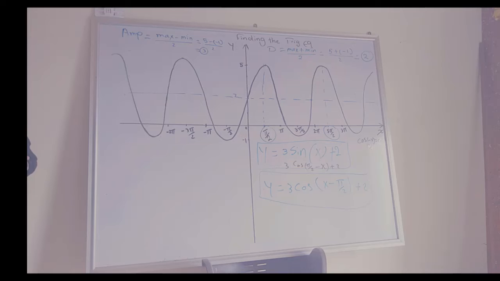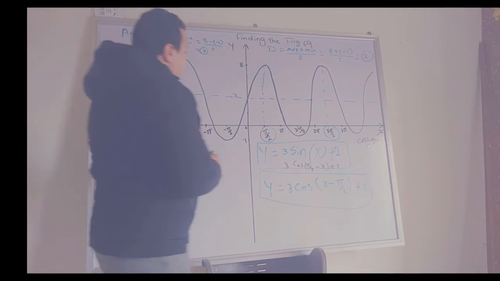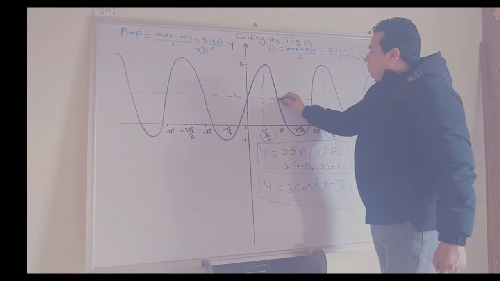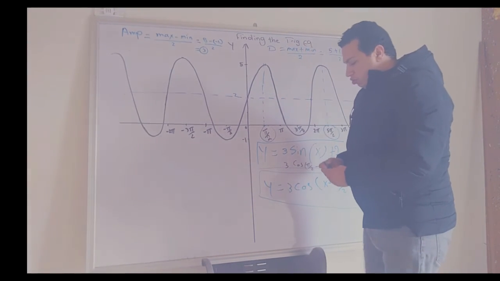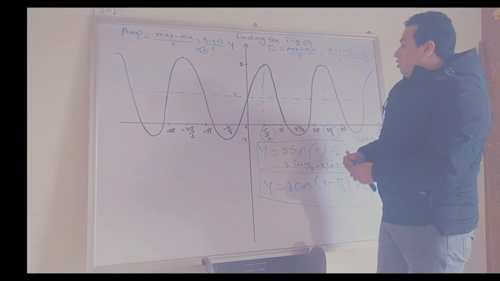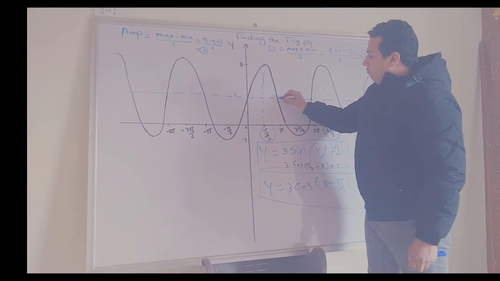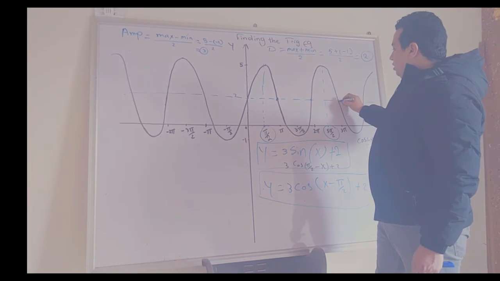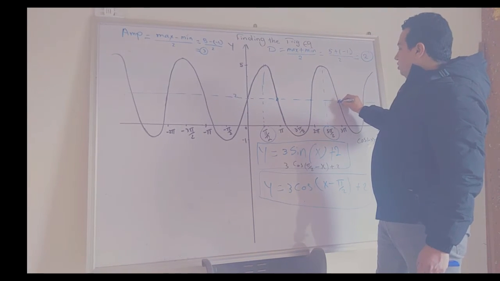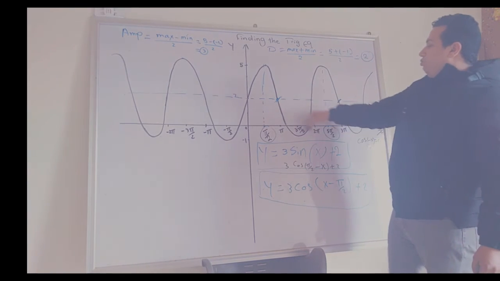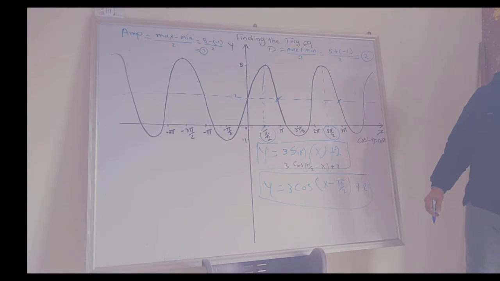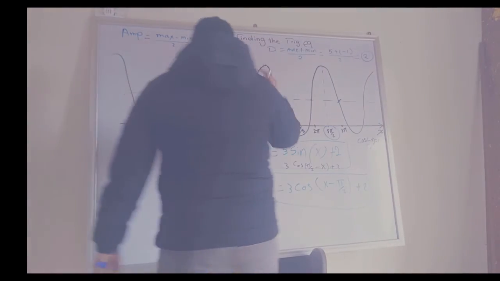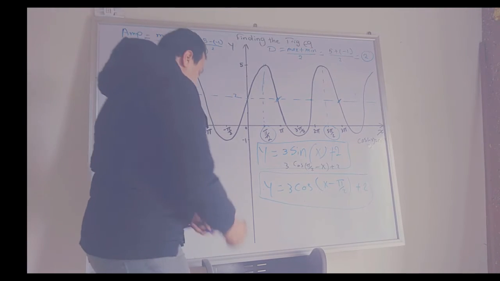Here I'm going to start with this point, and it will give me a negative sine. Then I move to this point, from here to here, one cycle or one period. The length of this period, 3 pi minus pi, is 2 pi.